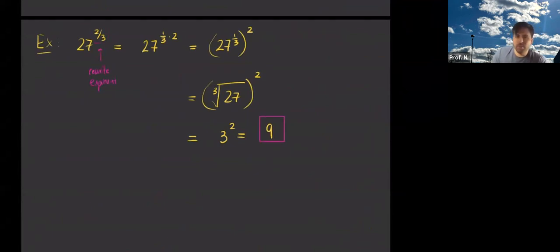So what did I really do? I rewrote the exponents in such a way that I can get this radical appearing out of nowhere, seemingly. But it didn't just appear out of nowhere, because that 1/3, because of that denominator, is a 3. So I know my radical has that 3 on the outside.